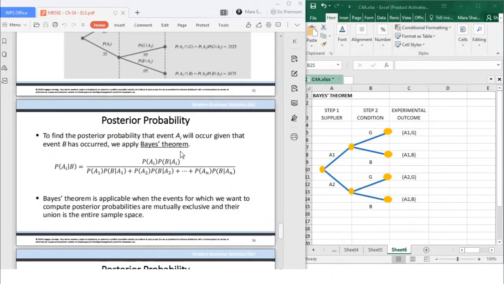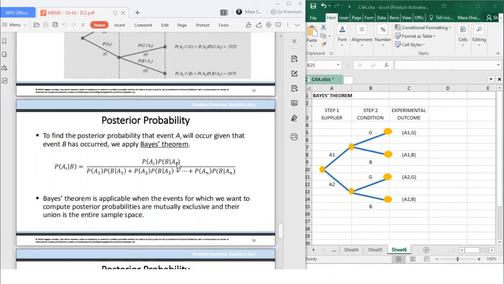Now, where does it differ? It differs in your denominator, which is the more complicated part. As you can see here, we have A_i, so it depends on how many events you have in the first step. Since there are only two events here, we will stop at 2.